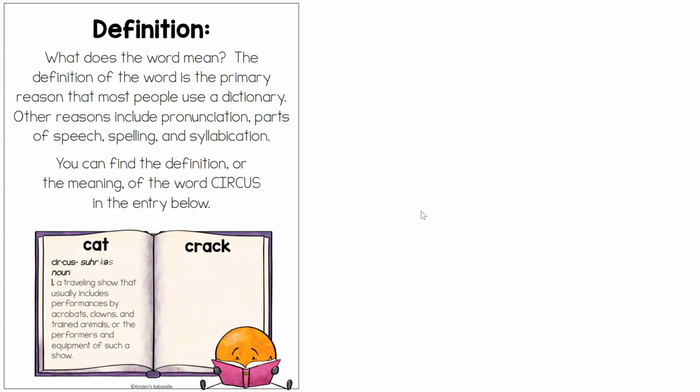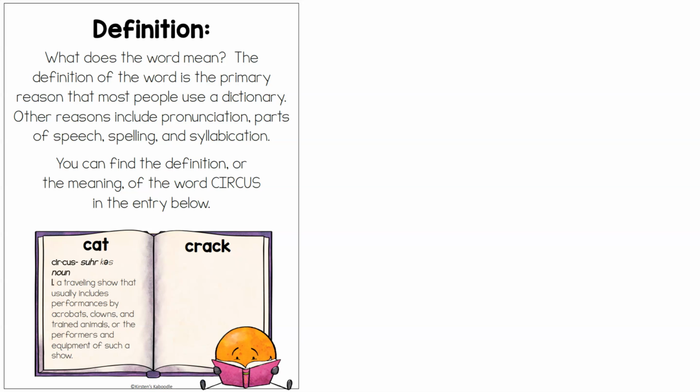Part of a dictionary is the word definitions. What does the word mean? The definition of the word is the primary reason that most people use a dictionary. Other reasons include pronunciation, parts of speech, spelling, and syllabication.